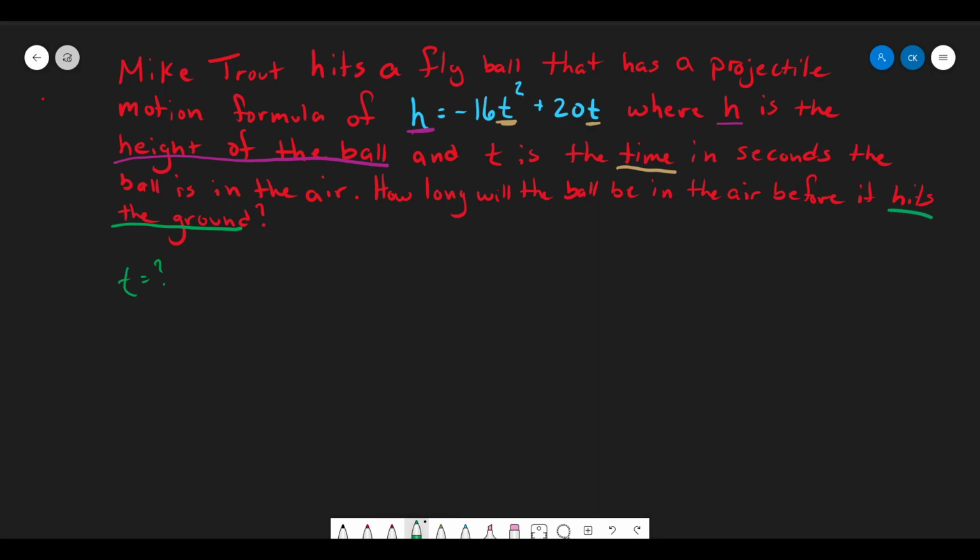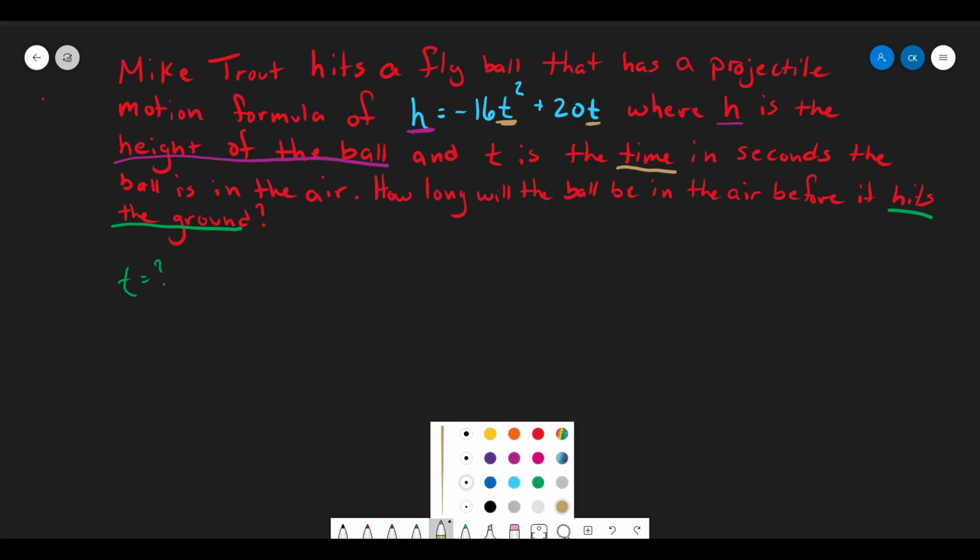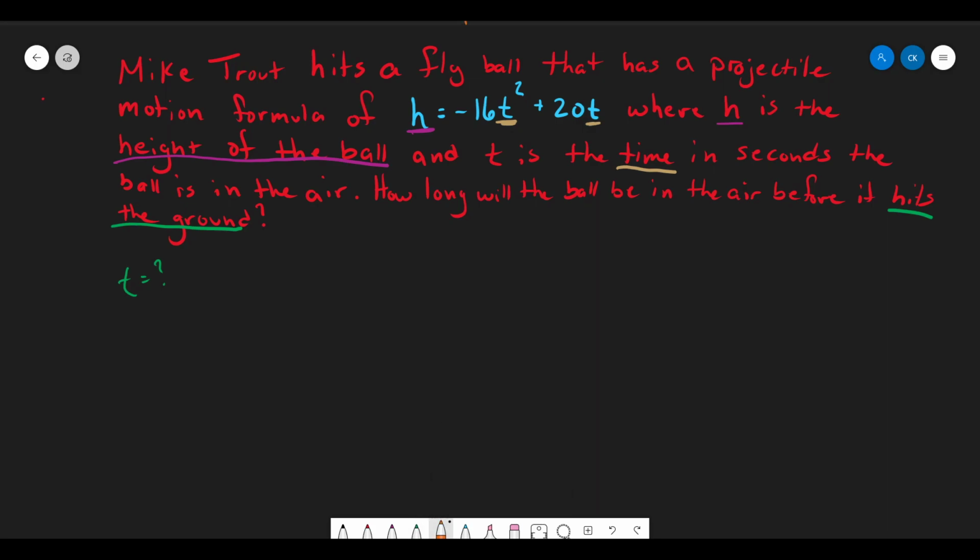So we have to figure out, what does that mean when we want it to hit the ground? Well, in terms of the two variables that we have, h and t, we're looking for t, h being the height of the ball. What is the height of the ball when it hits the ground? Obviously it's going to be 0.